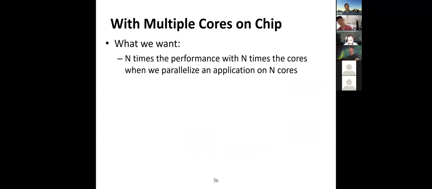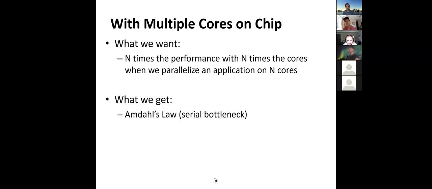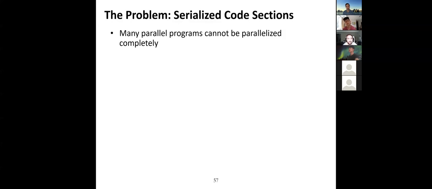Okay, with multi-core chips, what we want is n times the performance with n times the cores when we parallelize an application to n cores. That's the goal. In reality, we have Amdahl's law with a serial bottleneck, and bottlenecks in the parallel portion as well. One problem is serialized code sections.